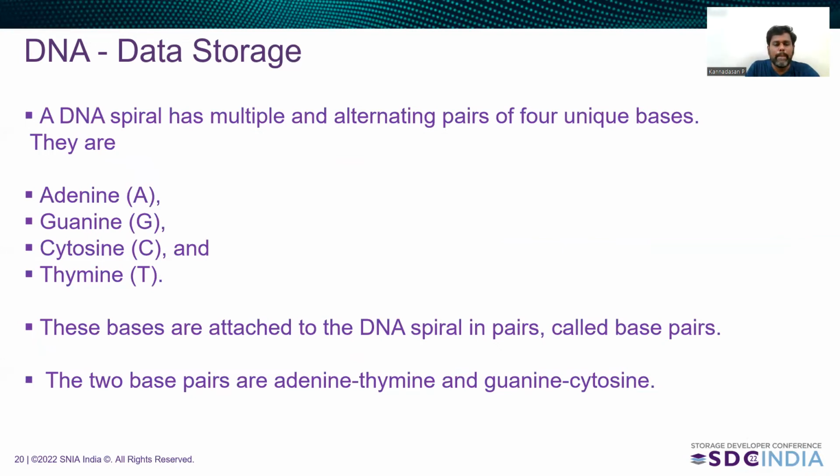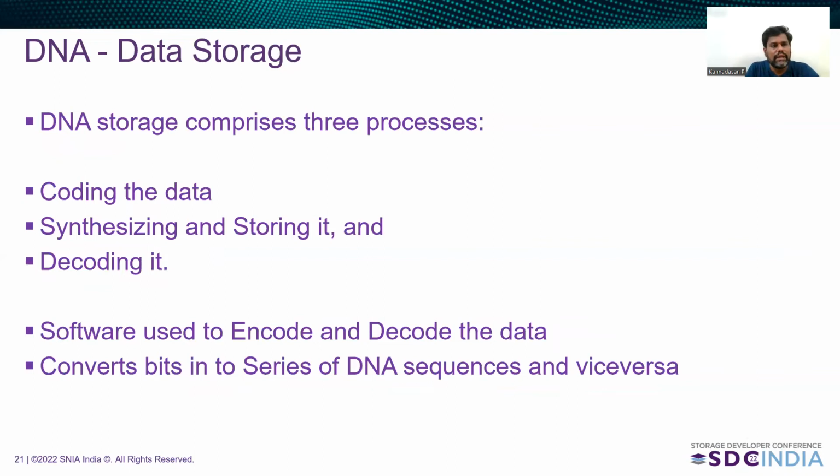The two base pairs are adenine with thymine, and guanine with cytosine. DNA data storage comprises three processes: coding the data, synthesizing and storing it, and decoding it.